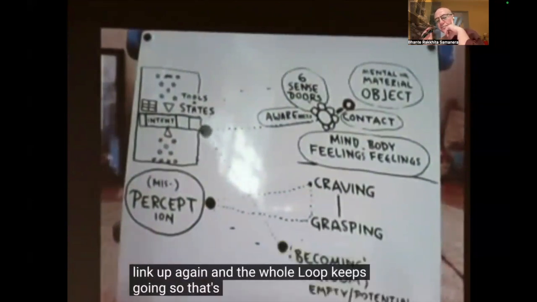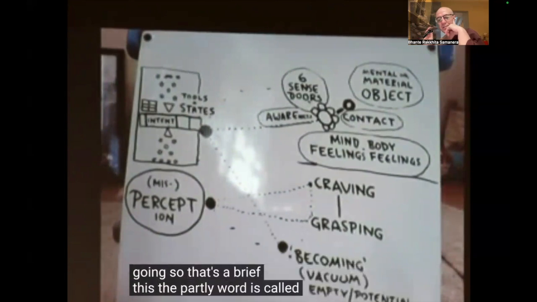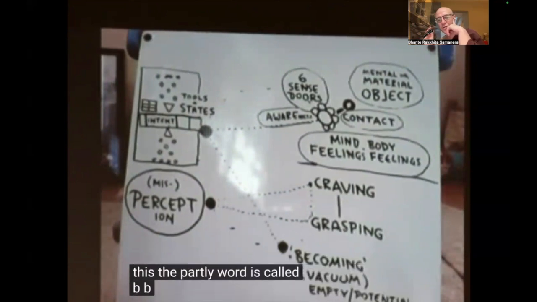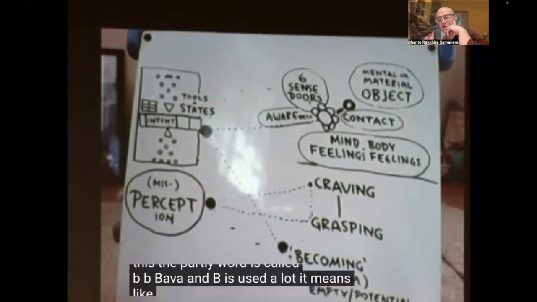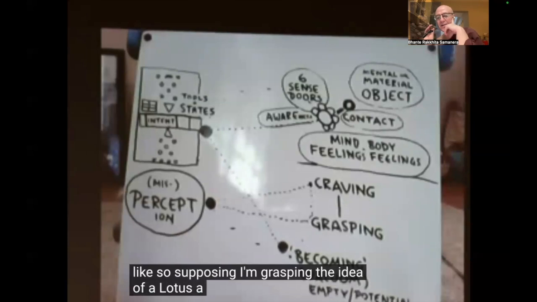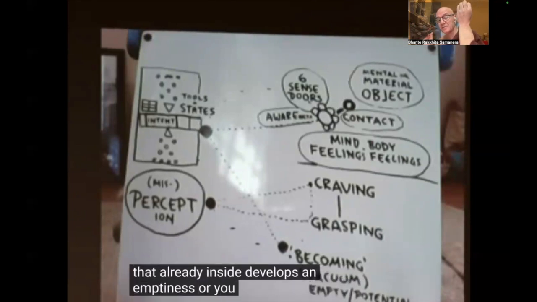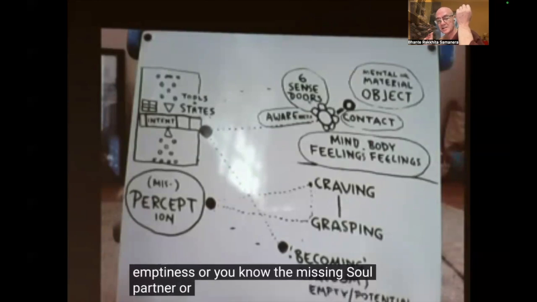So that's a brief. The Pali word is called bhavo. Bhava, or bhavo, is used a lot. It means, supposing I'm grasping the idea of a lotus, or whatever it is, or an iPod, the mind's grasping and craving already inside develops an emptiness, or the missing soul partner, soulmate.